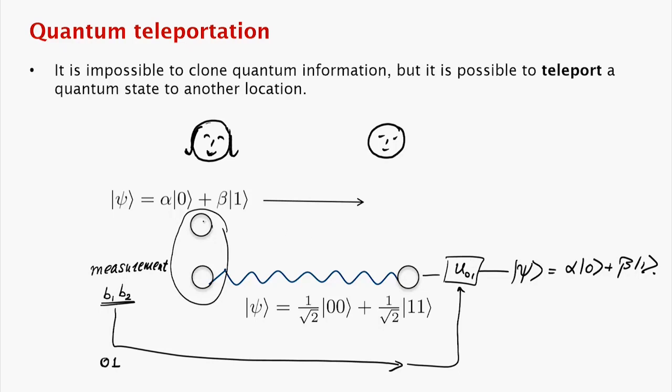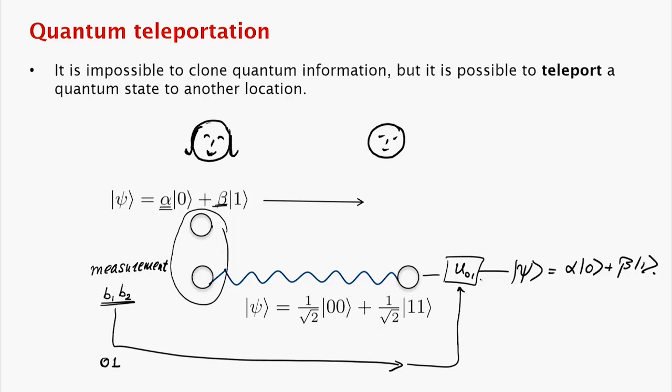Now, of course, you might be puzzled by all this because there were 2 complex numbers here, alpha and beta. How did they get transported to Bob? You'll see the protocol. You can try to puzzle over this once we do that.